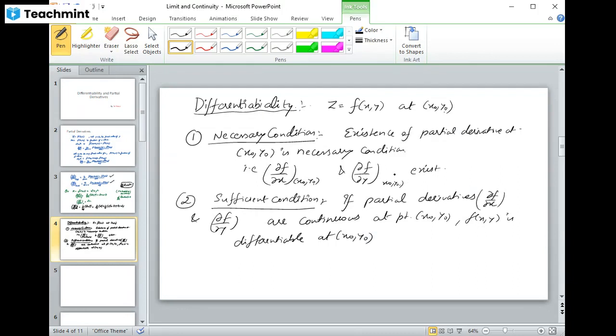So it means that if the partial derivatives exist, this is the necessary condition. If the partial derivatives are continuous also, then your function is definitely differentiable.